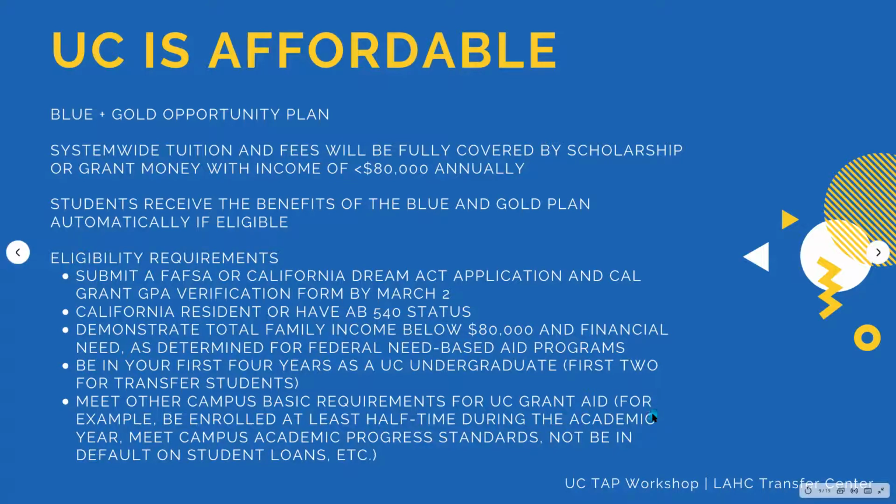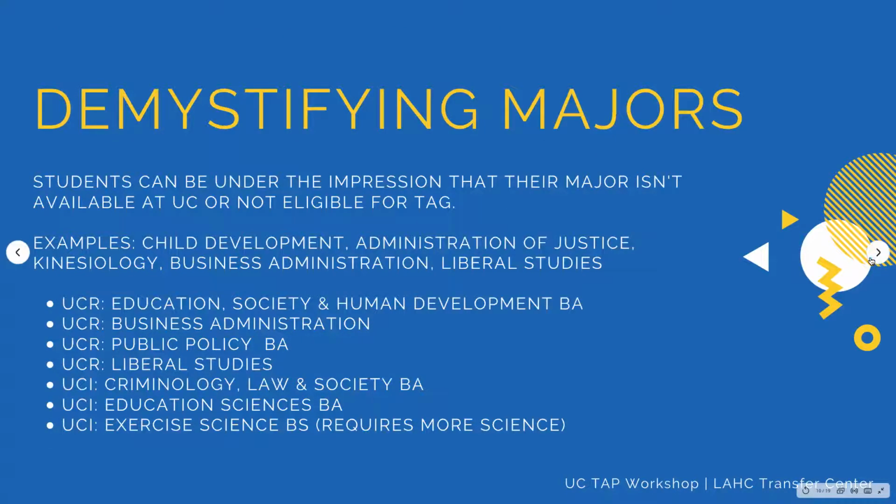For example, be enrolled at least half-time during the academic year, meet campus academic progress standards, and not be in default on student loans, etc. But this is a wonderful opportunity for my students, and I really want students to feel confident that UC is accessible for Harbor College students and for you especially.